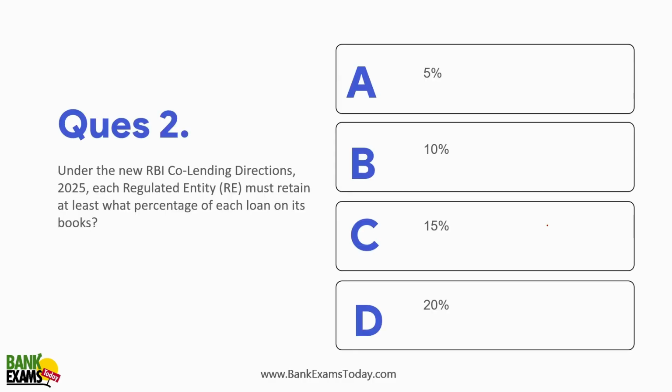Under the new RBI co-lending directions, each regulated entity must retain at least what percentage of each loan on its books? So for example, you went to Bajaj Finance for a loan of rupees 1 crore.